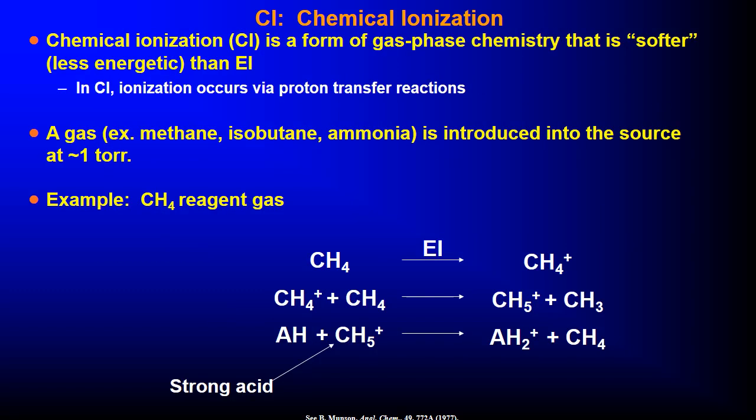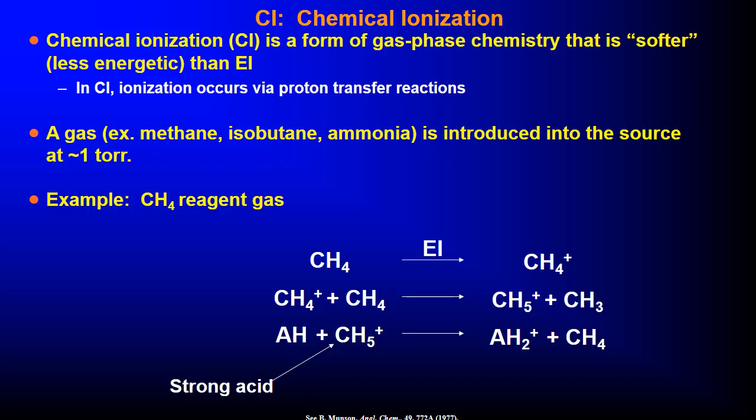Chemical ionization is a form of gas phase chemistry that is softer, less energetic than electron ionization. In chemical ionization, ionization occurs via proton transfer reaction.